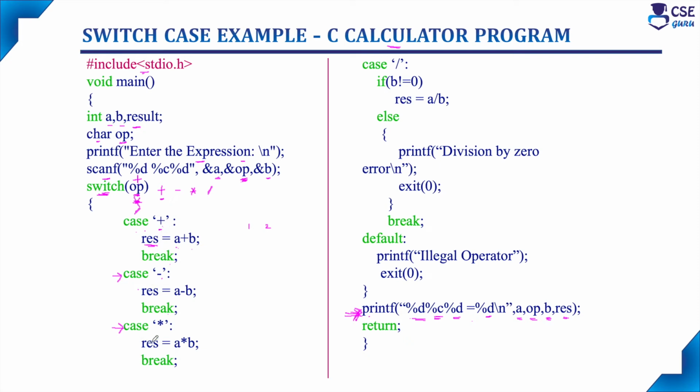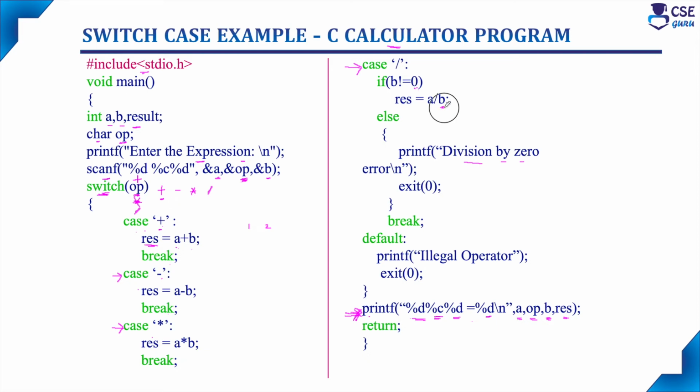It will directly skip these three case statements and control will go to the corresponding case statement, that is case division. And here it will consider if b not equal to 0. That is, the denominator value should not be 0. If the denominator value is 0, it will create a division by 0 error. So we cannot perform division.